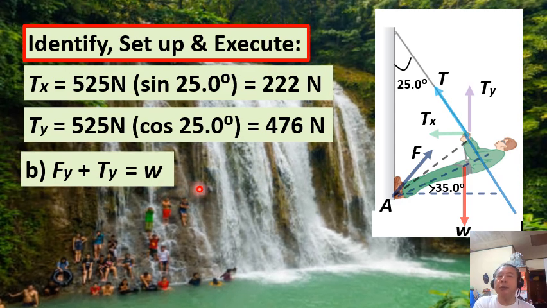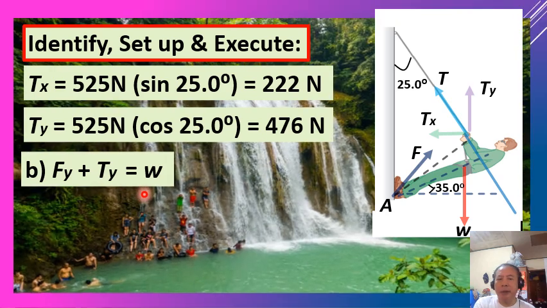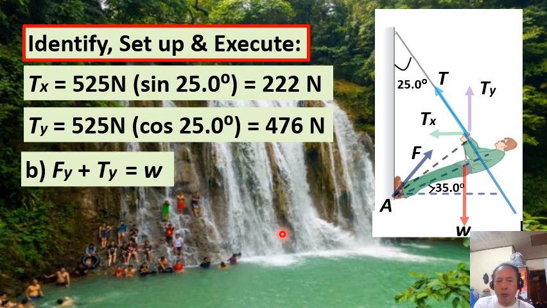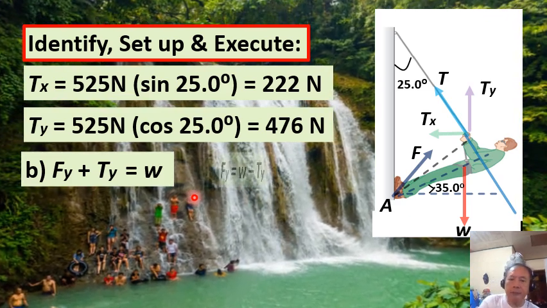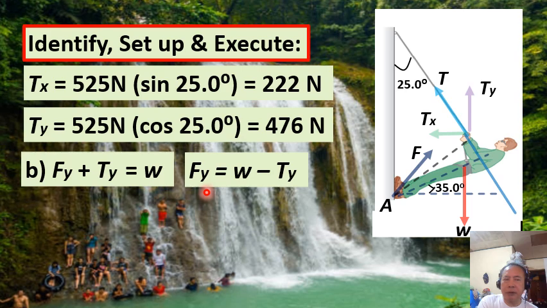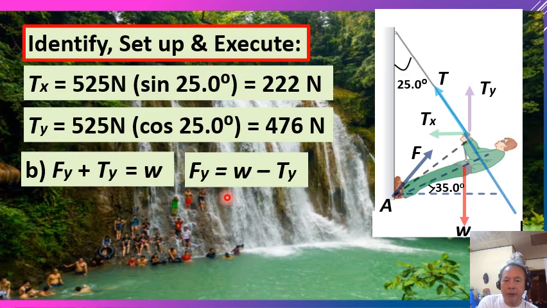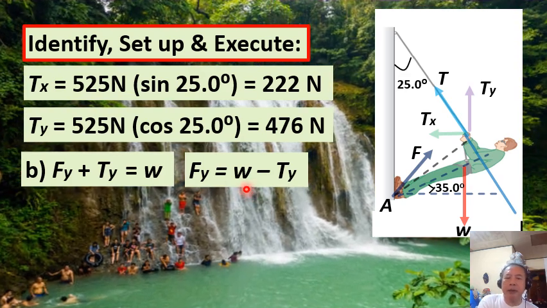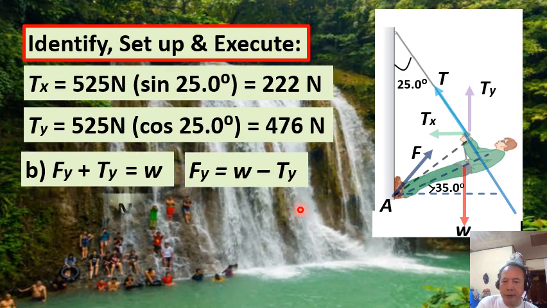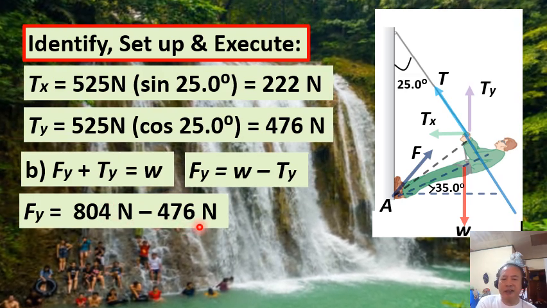So the two upward forces, Fy and Ty, when added vectorially, would just be equal to the magnitude of the downward force, which is the weight W. And since we want to calculate the y component of the force F, that is F sub y, we just subtract the weight W minus the y component of the tension T. That is, Fy equals 804 newtons minus 476 newtons.